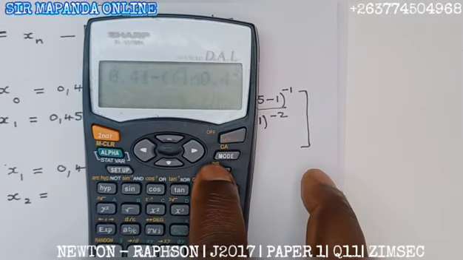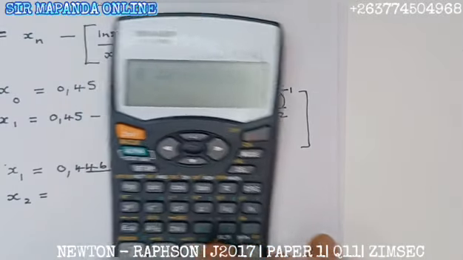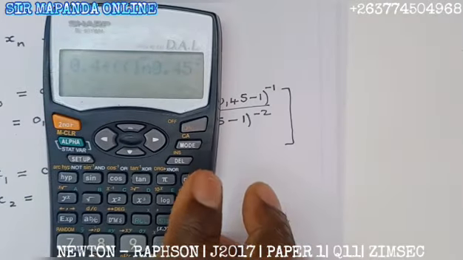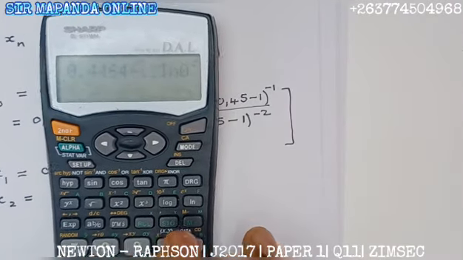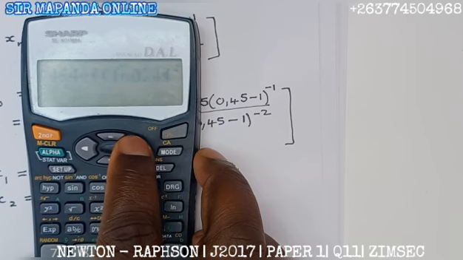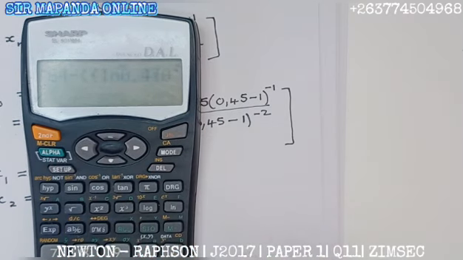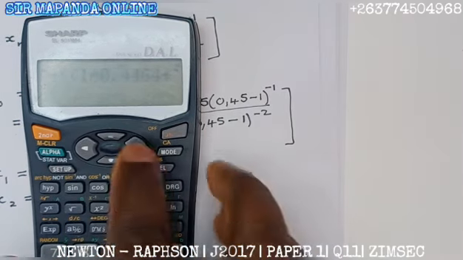So I'm going to delete this 5, right, like this. Then you put 464.